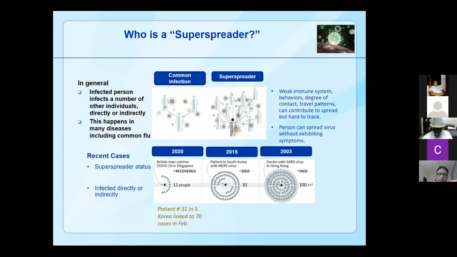Whatever we discuss about the Indian situation later, they also contributed in their own little way. But the super spreader can spread the virus without sometimes exhibiting any symptoms. That's the point to note.